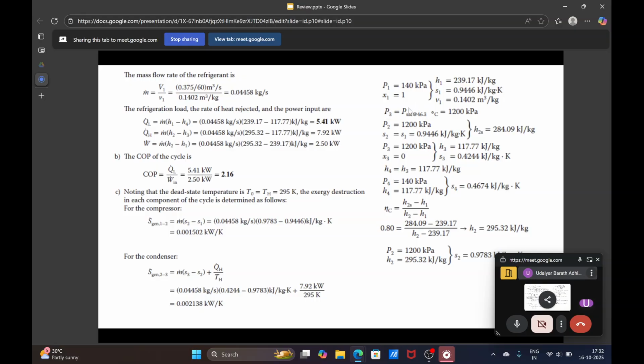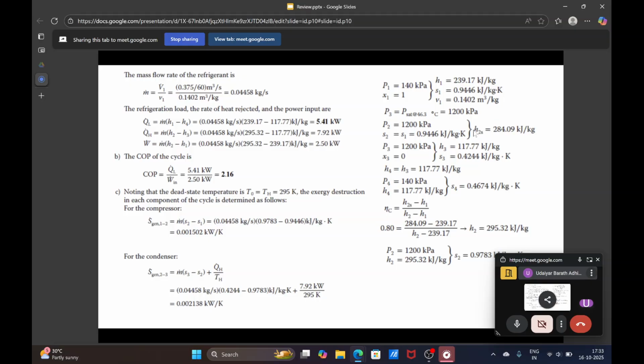And we know that state 3 is at 46.3 degrees Celsius, saturated liquid. That gives you the higher operating pressure, which is the saturation pressure corresponding to 46.3, so a pressure of 1200 kilopascal. So P2 is 1200 kilopascal. Because the compressor efficiency is given, we have to first find the isentropic case, so S2 is equal to S1.